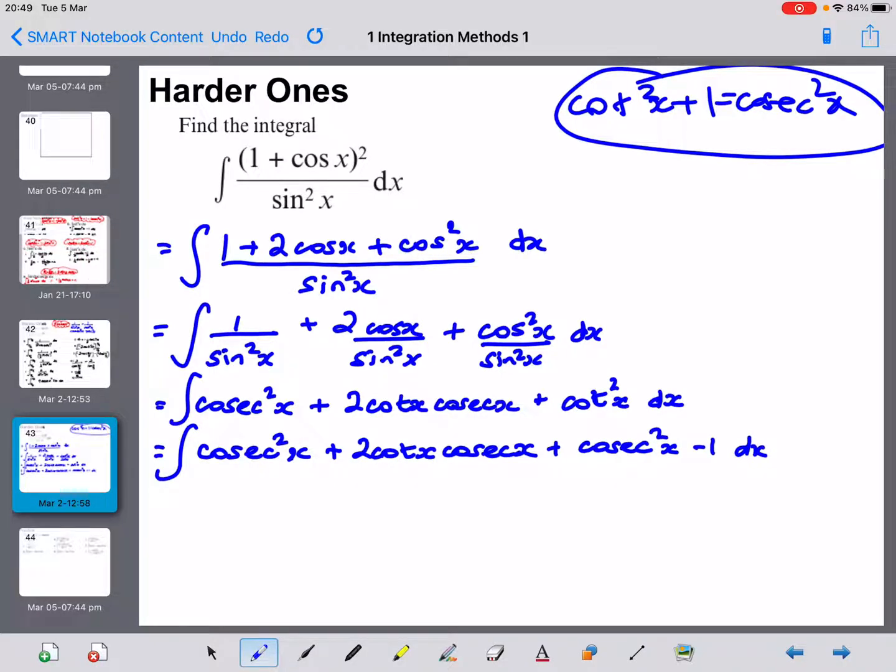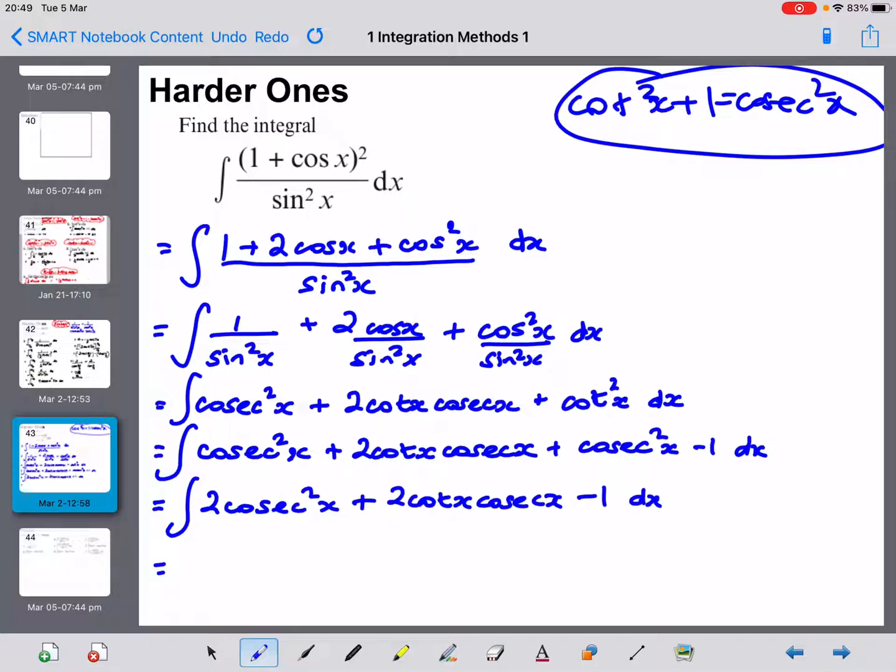Now we've got 2 lots of cosec squared, so let's tidy that up. So we've got 2 cosec squared x plus 2 cot x cosec x minus 1. Okay, and that's all good to go now.